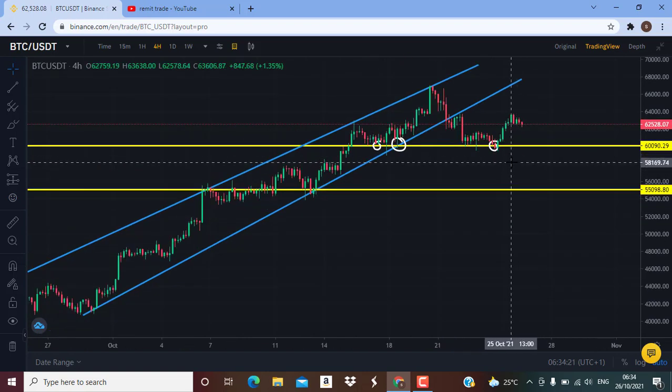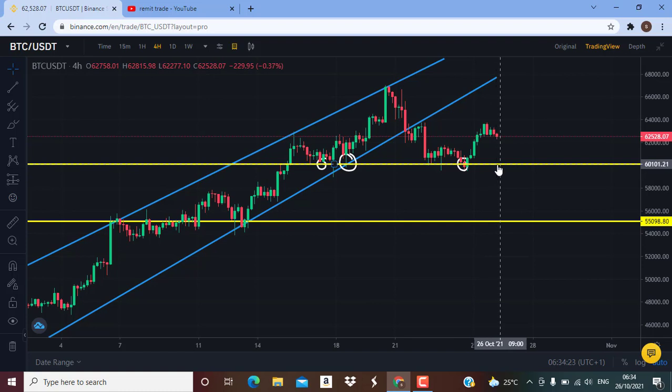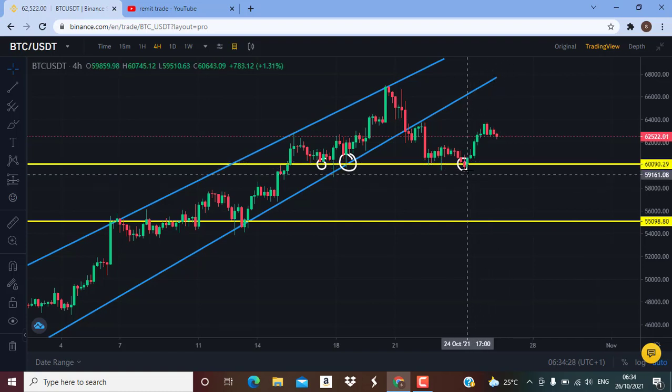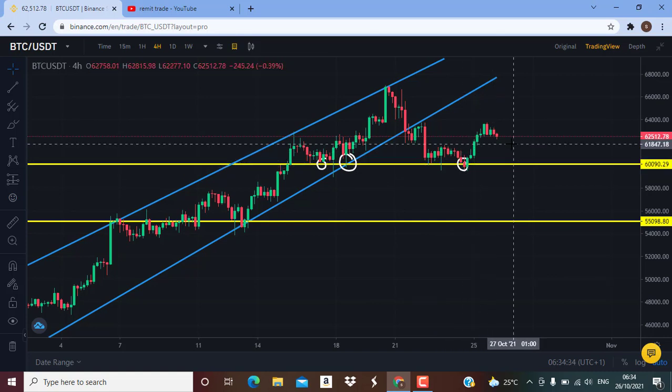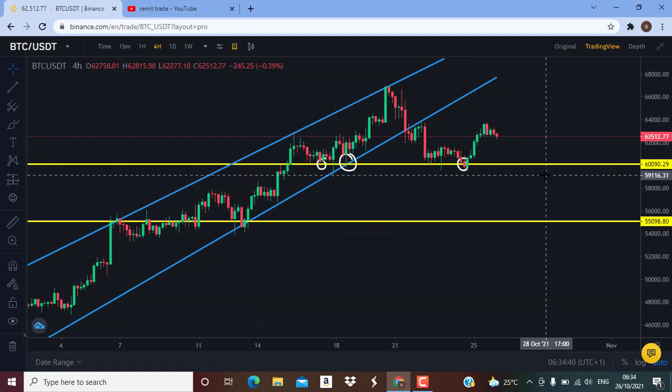Please, guys, take note of this very particular horizontal support level right at this point. The reason for that emphasis is that if the market breaks through this horizontal level of support here and gives us a bearish close, I am very sure that the market is going to go back down to this particular area.